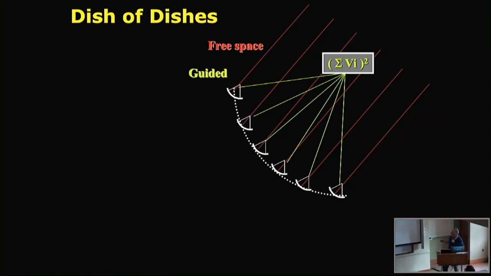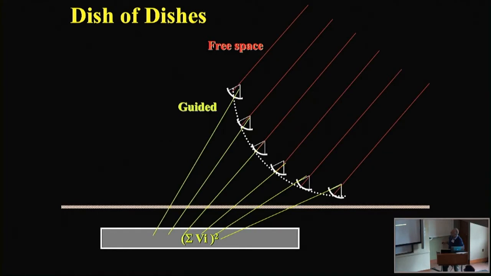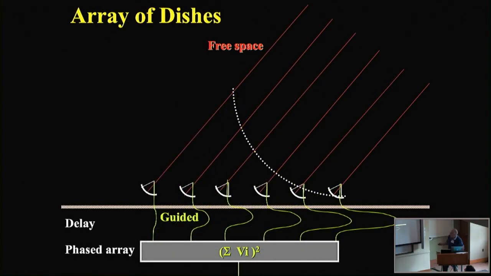Now it's still equivalent to kind of a single dish. Or I can digitize it and sum it here, or I can put them all on the Earth, on this flat surface, and I can make them into a parabola with these delays. So the light here hits this thing before it hits this thing.